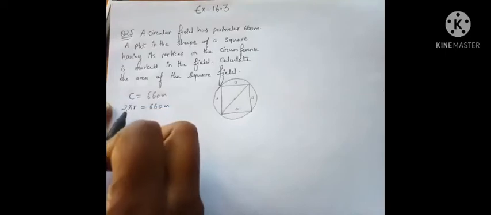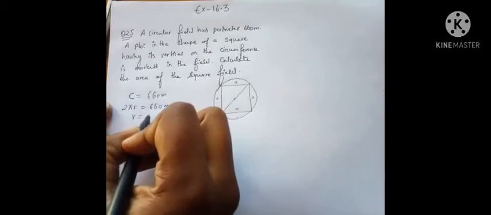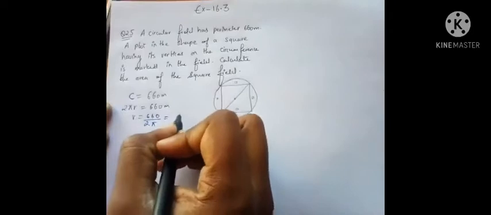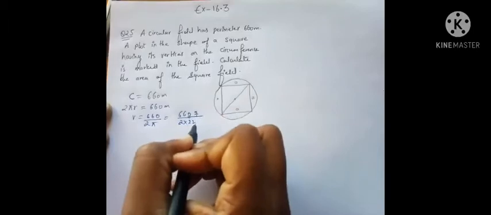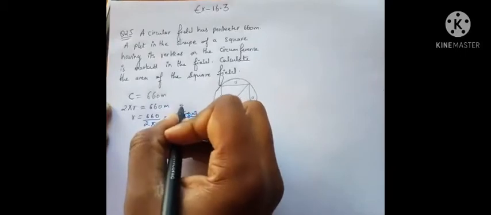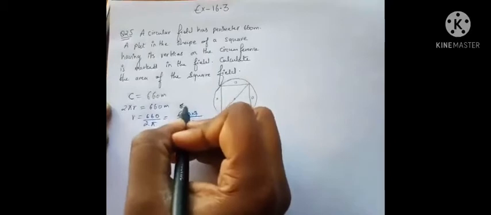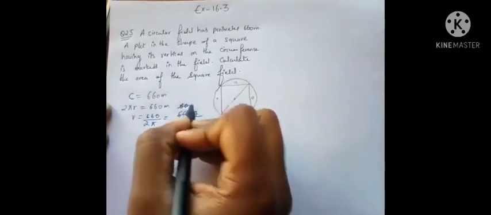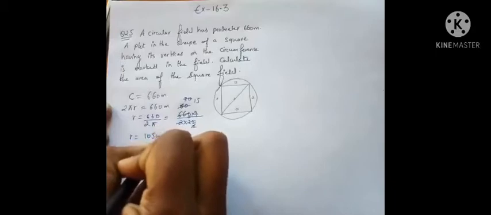Then r is going to stay alone here, and 660 by 2 pi: 660 into 7 upon 22 times 2, and this can be divided by 11. 11 twos are 22, 11 sixes are 66, and this can be divided by 30 and then 15. So 15 sevens is r. I got 105 centimeters. So what is r?